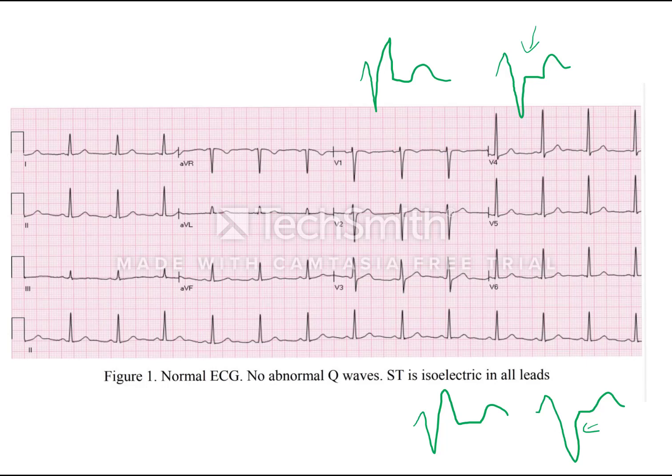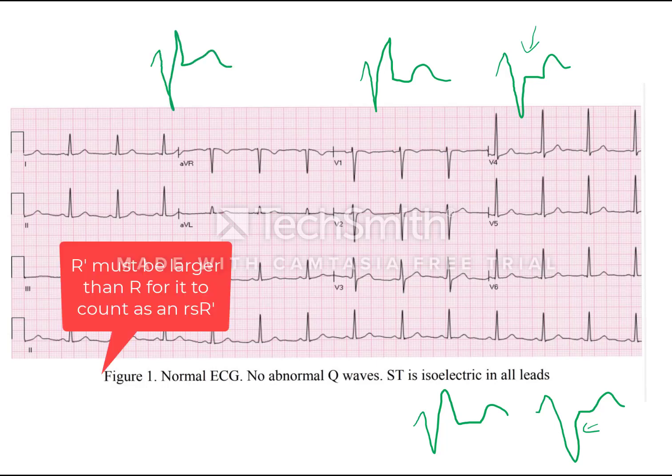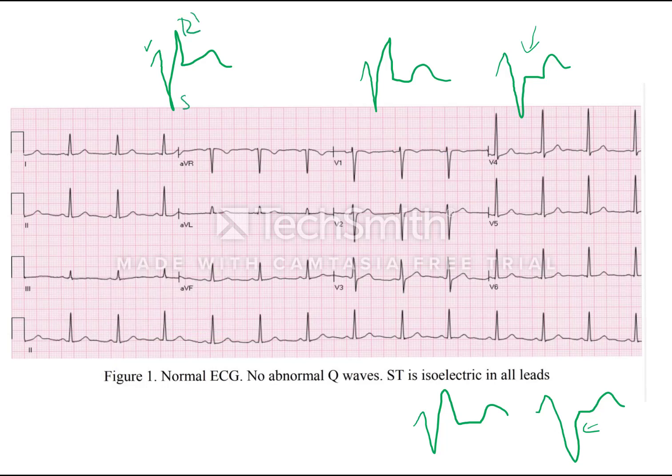Remember that the QRS complex has to be prolonged in order to qualify for right or left bundle branch block morphology. There is one exception to that, and that's the incomplete right bundle branch block. If the QRS is normal and you have an RSR prime in V1, so something that looks a little bit like this, here you have a little R, an S, and an R prime.